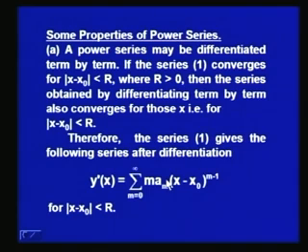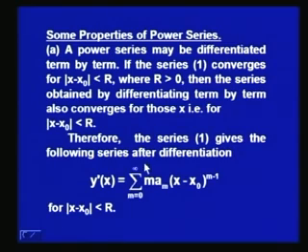Now, let us study some properties of the power series. A power series may be differentiated term by term, that is, if the series 1 converges for mod of x minus x naught less than r, where r is greater than 0, then the series obtained by differentiating term by term also converges for those values of x, that is for mod of x minus x naught less than r.